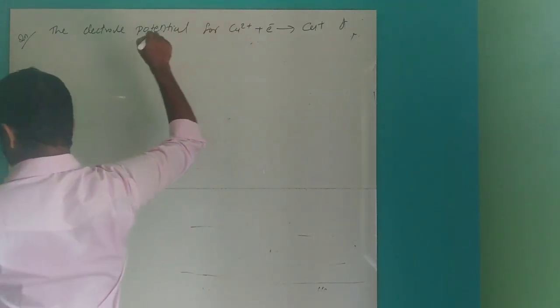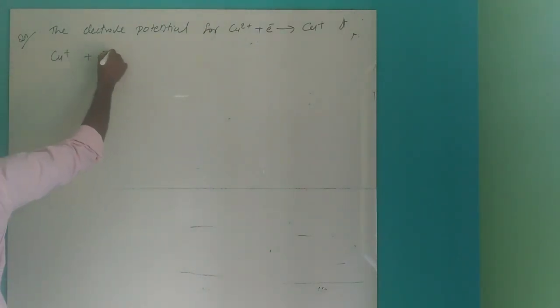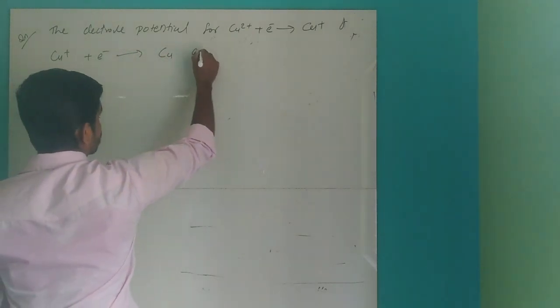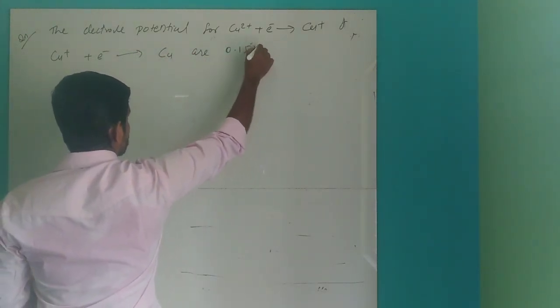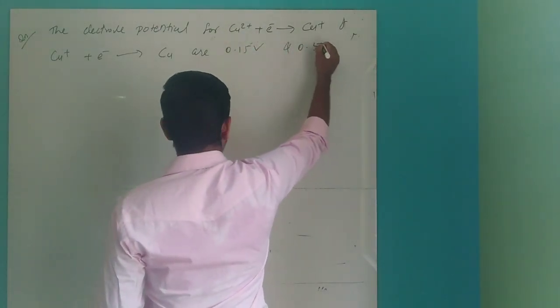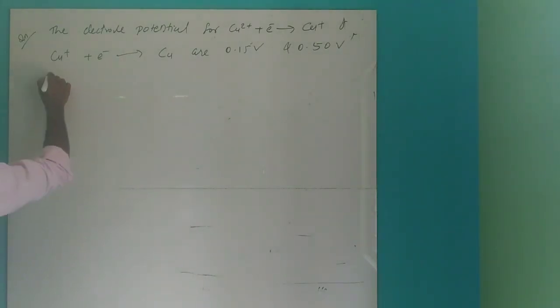and Cu+ plus electron gives Cu are 0.15 volt and 0.50 volt respectively.